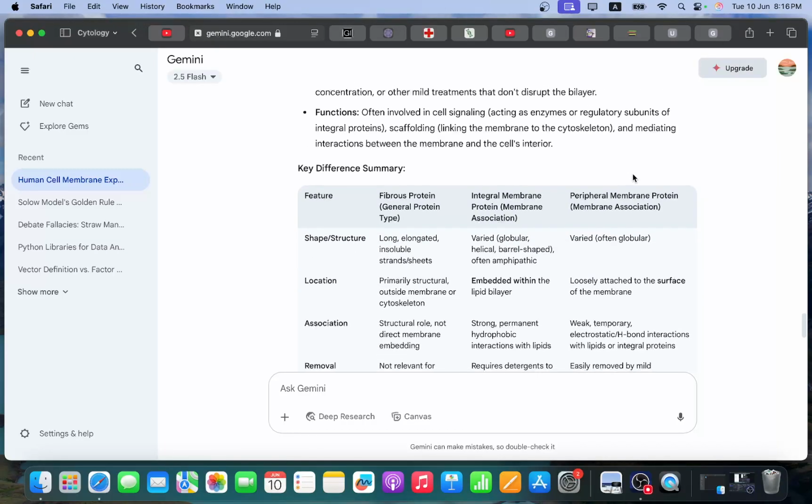Functions: often involved in cell signaling, acting as enzymes or regulatory subunits of integral proteins, scaffolding, linking the members of the cytoskeleton, scaffolding, okay, nice verbiage, nice word, and mediating interactions between the membrane and the cell's interior.